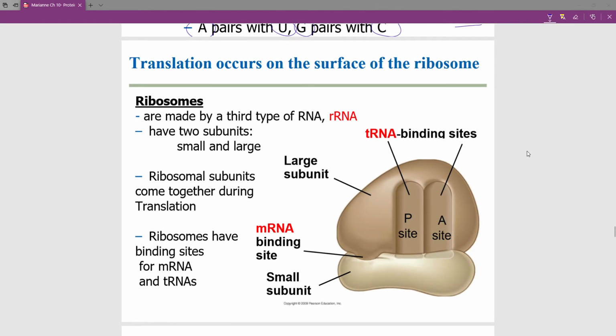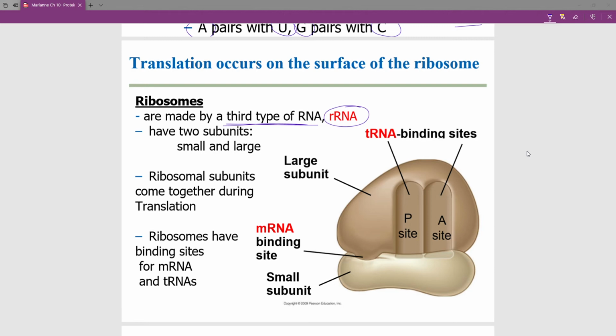In order to understand how translation happens, we also need to understand a little bit about the ribosomes. And so ribosomes are made of a third type of RNA. When you did your discussion of what the nucleolus contains, you said it was the recipe, or the information for making ribosomes. And that information is ribosomal RNA or rRNA. It makes ribosomes.